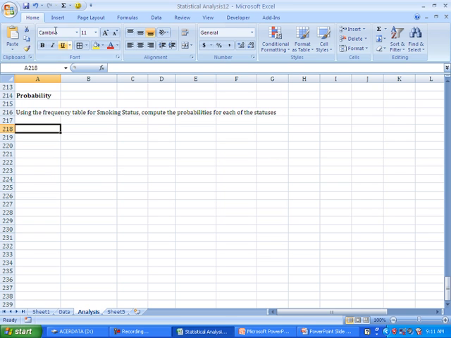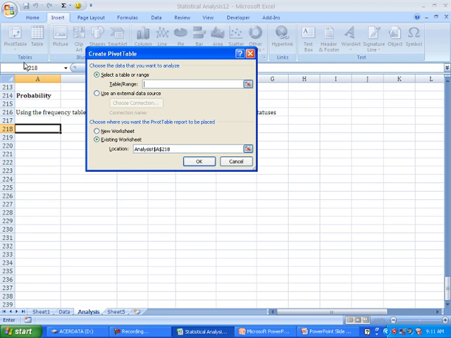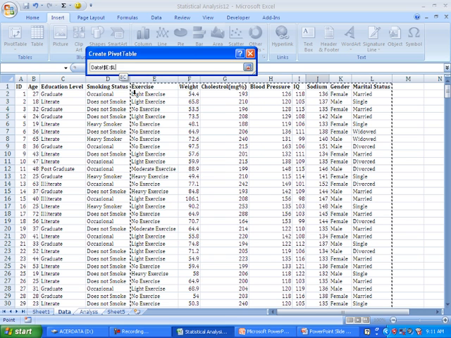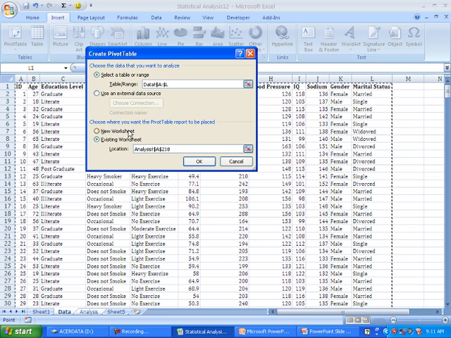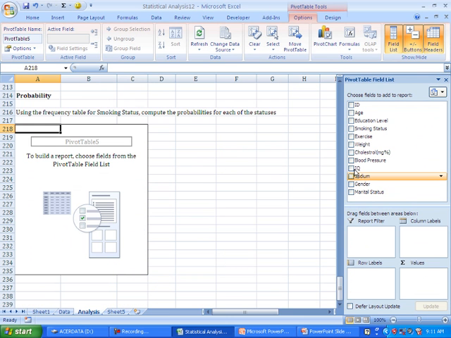So let me quickly use the pivot table itself to compute the frequency table. So I'll say insert the pivot table, right? Because we have already used it, I will not spend too much time in discussing this. So on this pivot table, I am simply computing the different smoking status levels.